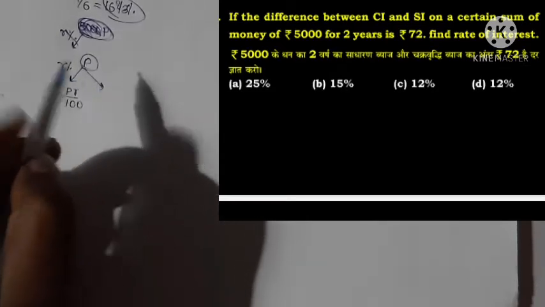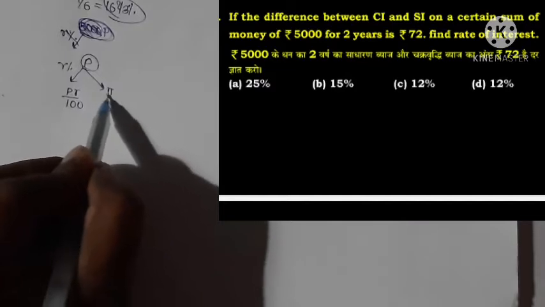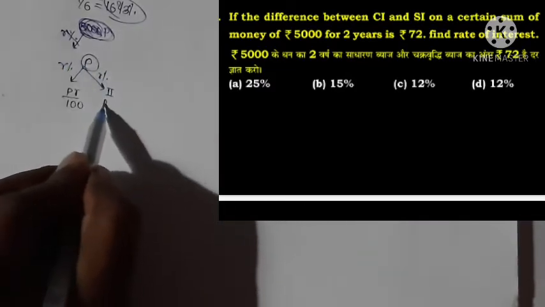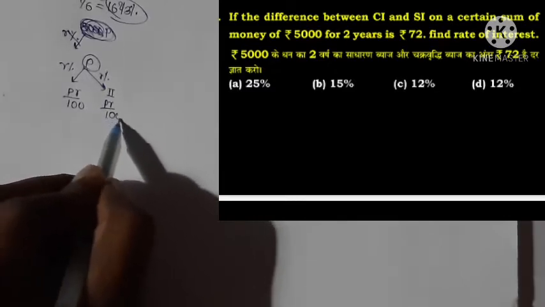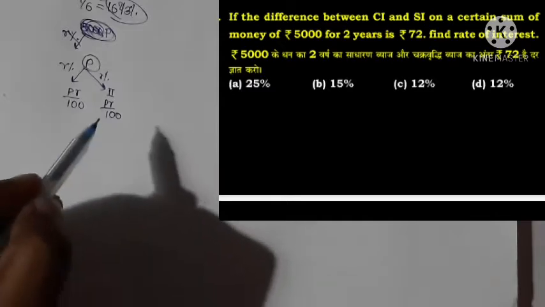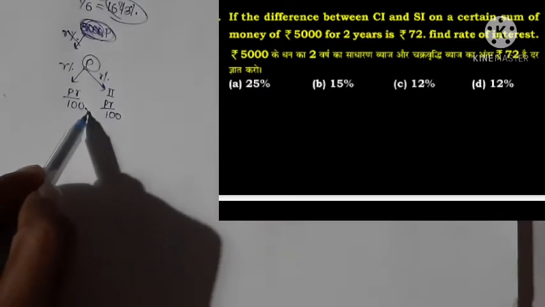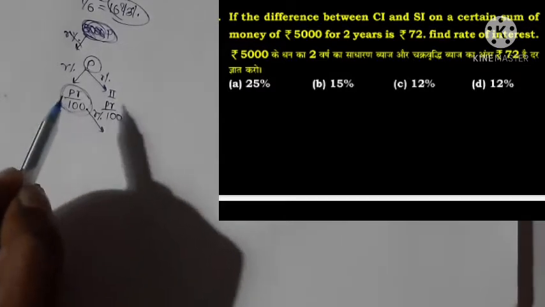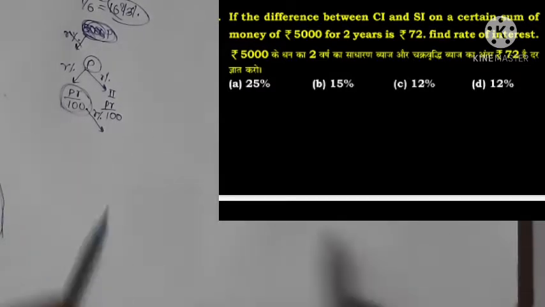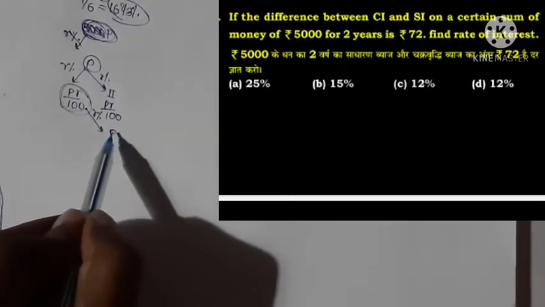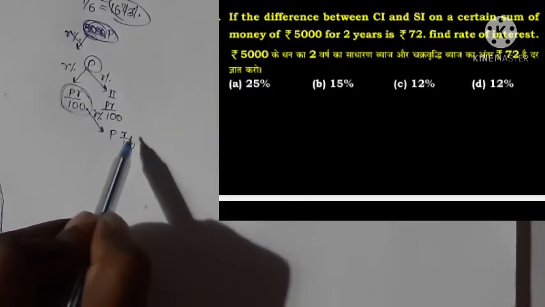For second year, the rate of interest is R percentage, so that value is PR by 100. For second year, calculate rate of interest on first year interest. So R percentage into R by 100, that means P into R by 100 whole square.